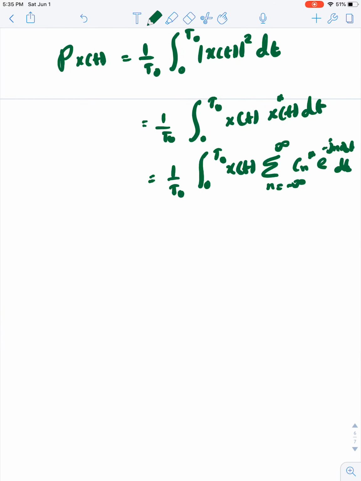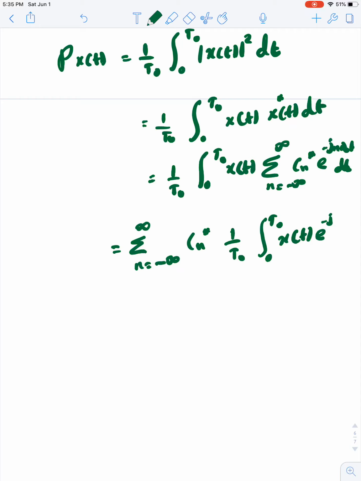dt. Now if you look at the rearranged formula, you will find 1 over T naught integration 0 to T naught x(t) multiplied by e power minus j n omega naught t dt is the formula of the complex exponential Fourier coefficient Cn. So we can write the average power of signal x(t) is equal to summation n equal to minus infinity to infinity conjugate of Cn multiplied by Cn.